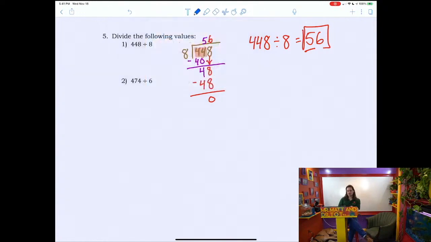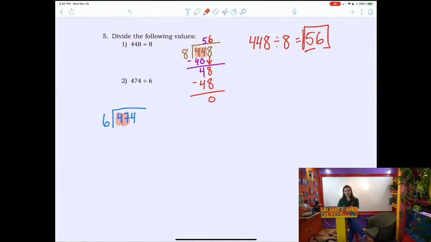If you have any questions, then please let me know. Let's look at the second question. 474 divided by 6. So again, that leading digit of 4 is not divisible by 6 a whole number of times. So I'm going to consider 47 instead of just 4. So how many times does 6 go into 47?